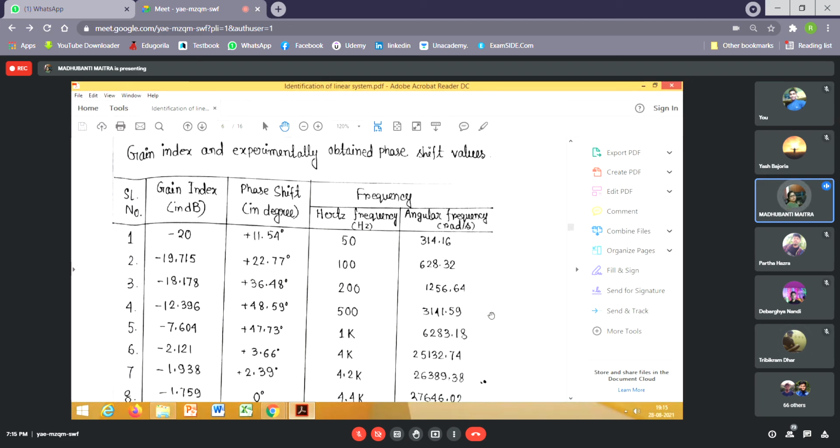Draw a line like this, then your next column, which is gain in dB. Done? Yes, ma'am. The next column will be phase shift in degree.